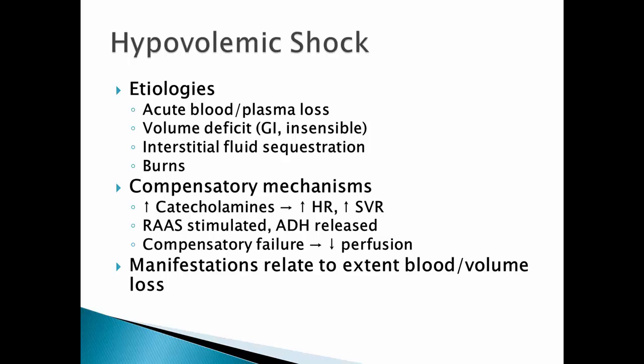Those symptoms will become increasingly dramatic and severe as the blood loss or the volume loss approaches 50%. When an individual has a loss of 50% of their blood volume, certainly they're going to have a profound presentation of tachycardia and poor perfusion.